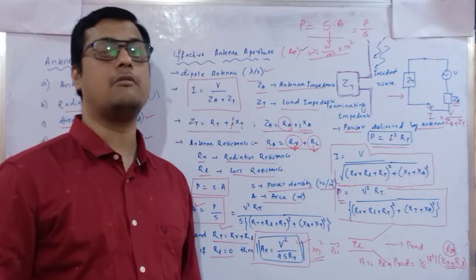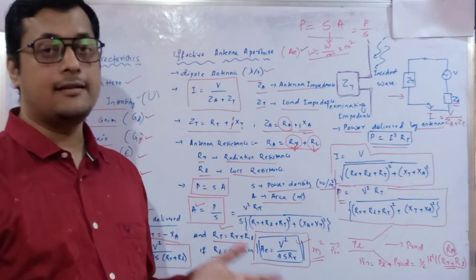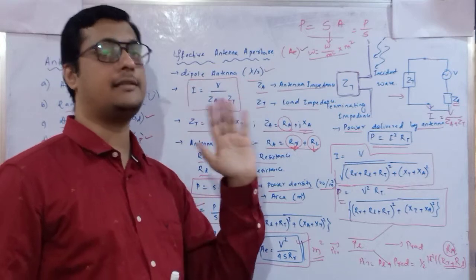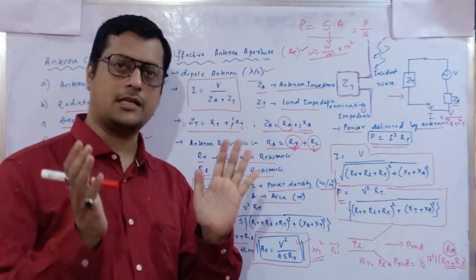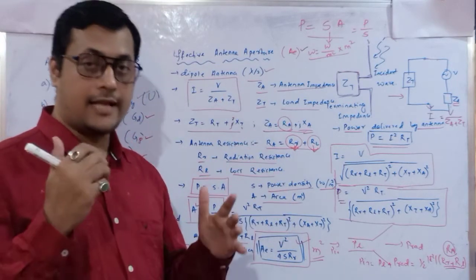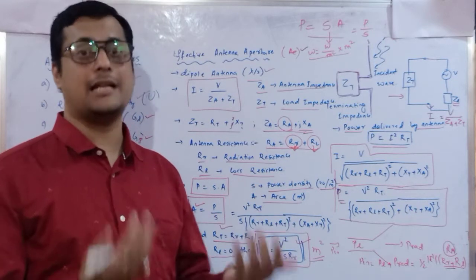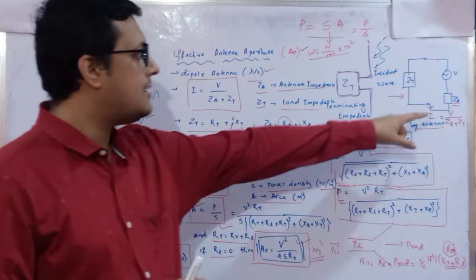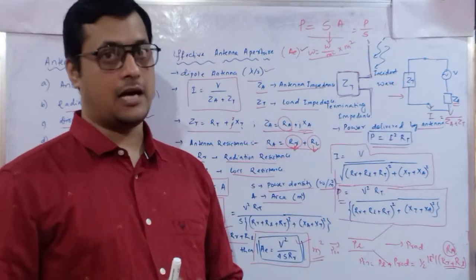So like this we have to proceed for the analysis of an effective antenna aperture. When we say effective antenna aperture, we are asking about the cross section in which the maximum power is delivered. That means you need to match the impedance, whose impedance? ZA and ZT. How?